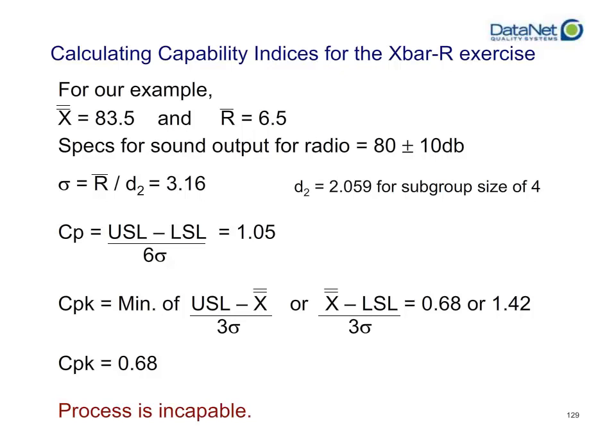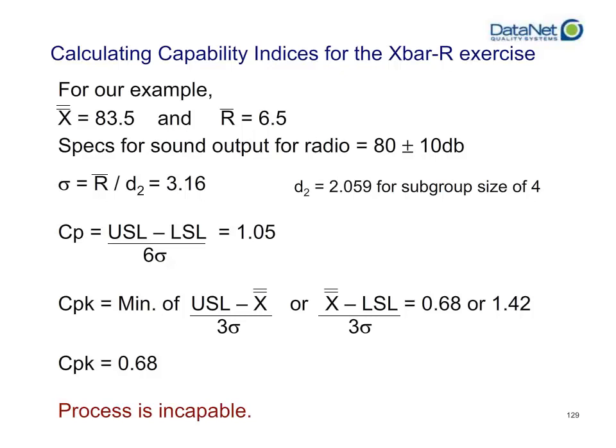We throw out the 1.42, so our CPK is just 0.68. 1.05 is very, very marginally capable, even if you are perfectly targeted, and based on the CPK being less than 1, you are not targeted, so your process is not capable. You are going to be producing a lot more bad product than your customers would be happy about receiving.